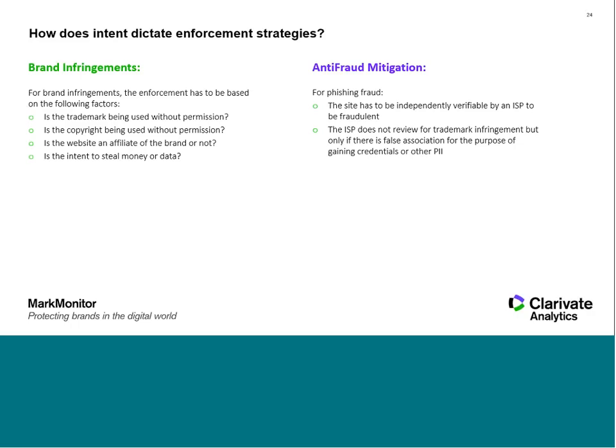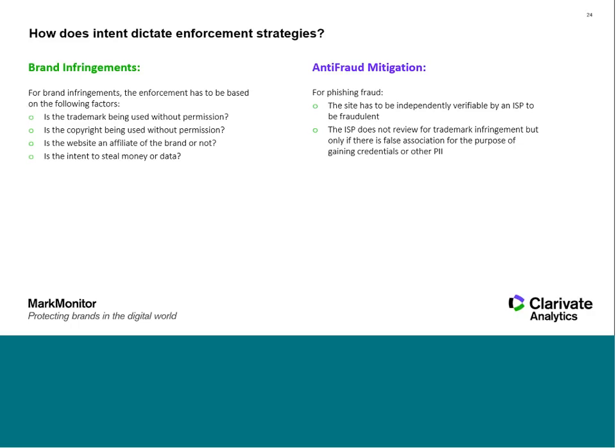And Stefanie, will you walk us through those steps? Right, yeah. On the fraud side, we're specifically looking for intent to steal data, and if we can determine that, then an ISP can verify that as well. So when we're pushing for an enforcement due to fraudulent activity, we have to be able to prove that that activity is actually occurring. Traditional phishing sites are the easiest because that intent is generally really clear.